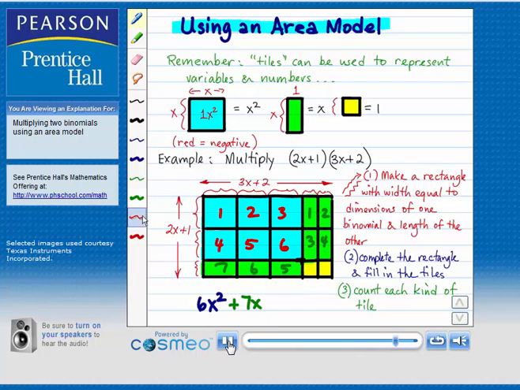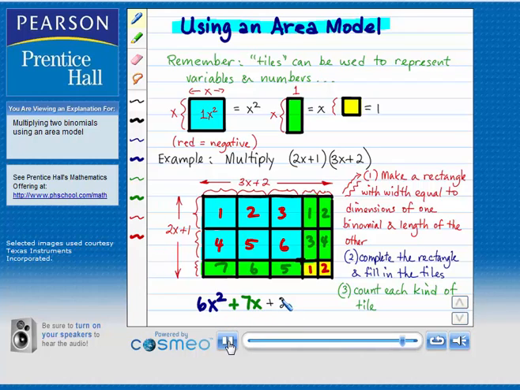And lastly, I have 2 small yellow tiles. I guess we'll use red again. 1, 2. So that's going to be plus 2. And I don't have a yellow pen, so I'll just have to do it with black. Plus 2. Okay, so the product then of those two binomials is going to be 6x squared plus 7x plus 2.